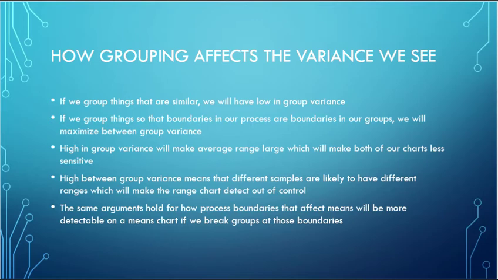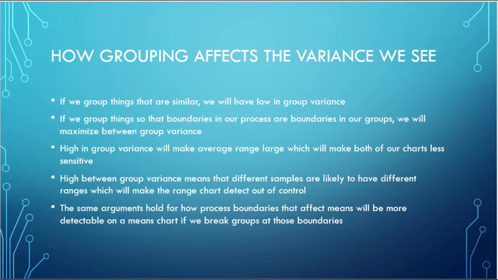On the other hand, high between group variance means that different samples are likely to have different ranges, which will make the range chart detect out of control. Or high between group variance might mean that the means of different samples are likely to be different, which would make the mean chart detect out of control.